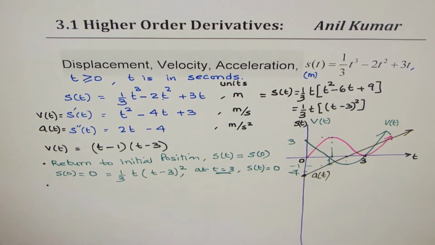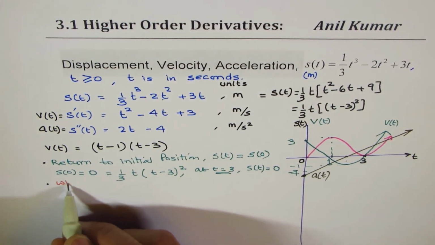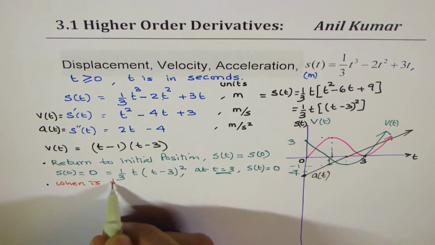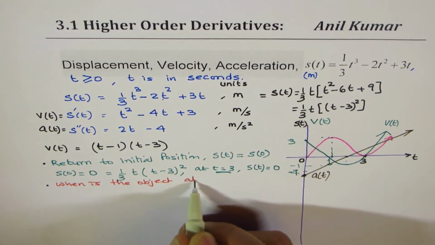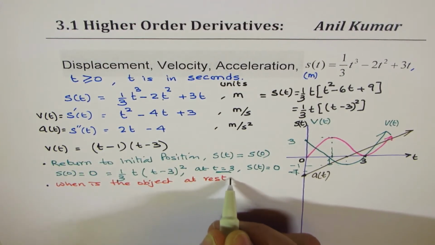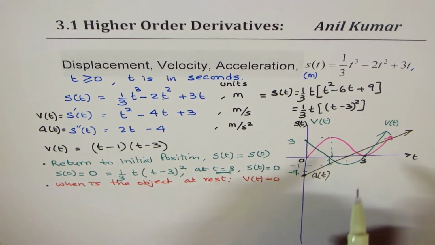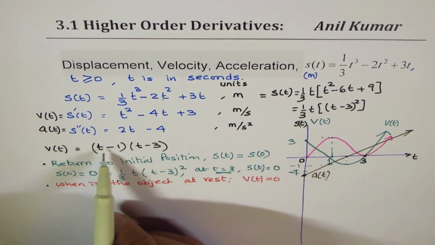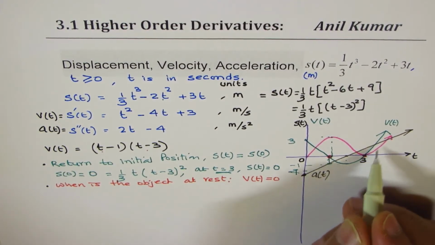Another term which we need to understand is about the object changing direction. So first we'll consider when the object is at rest. Rest means that the velocity is equal to 0. Perfect. So from this graph, which we have also drawn from this equation, we know it is at rest at these two positions, that green curve.